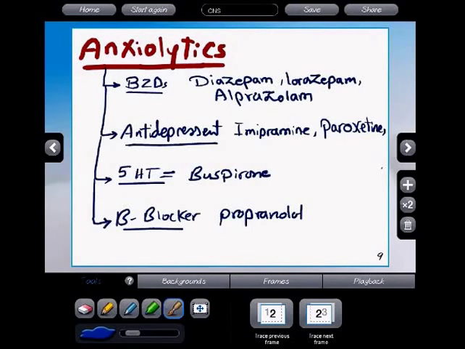These people have a type of obsessive compulsive disorder.